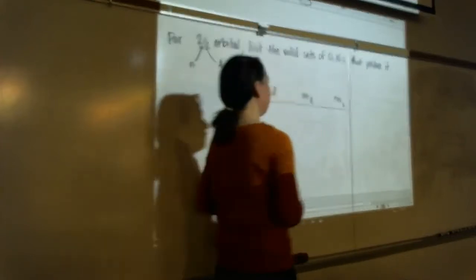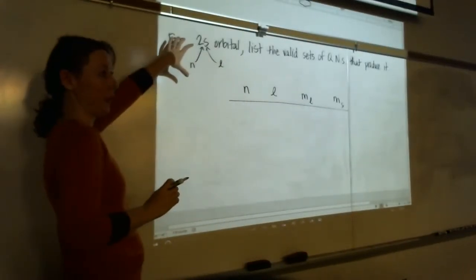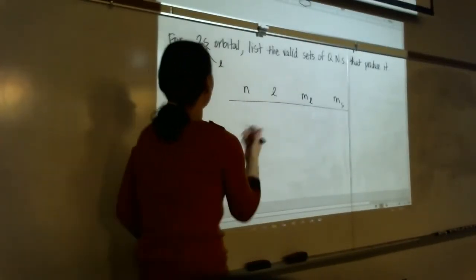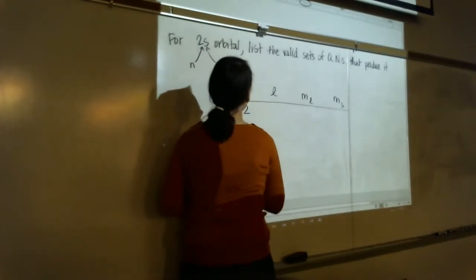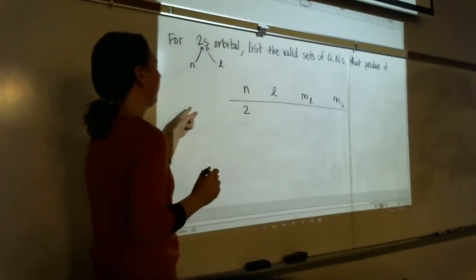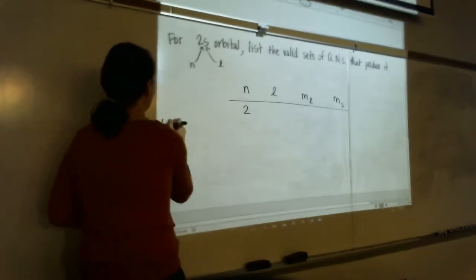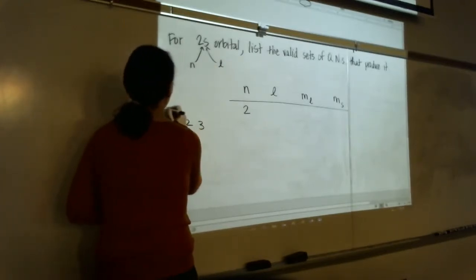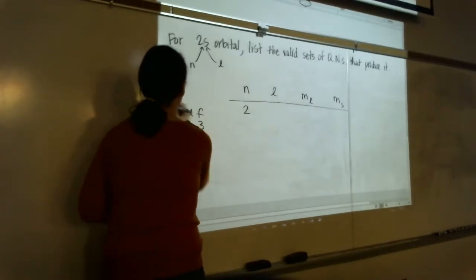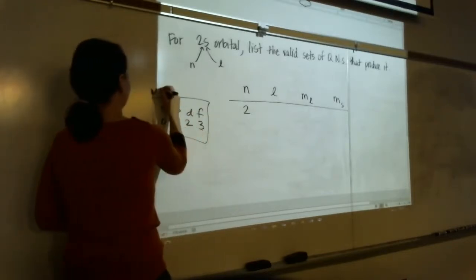Let's list all the sets of quantum numbers that would produce a 2s orbital. So all of them are going to be n equals 2. What's the numeric value for an s orbital? This is something you want to commit to memory: 0, 1, 2, 3 are s, p, d, f. Just memorize that.